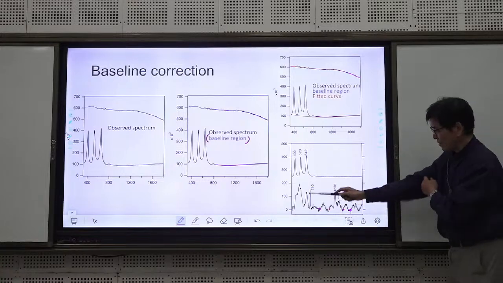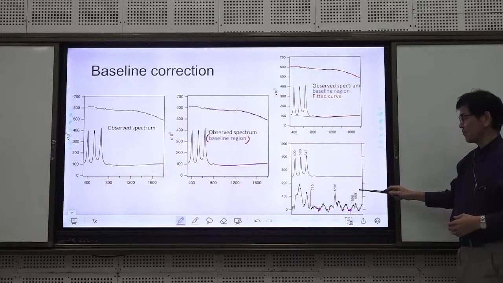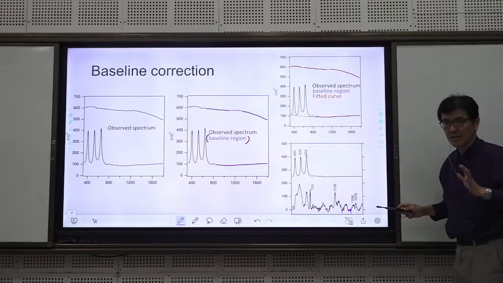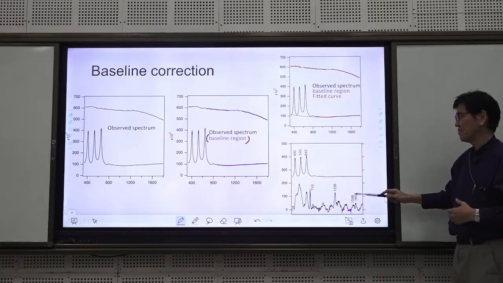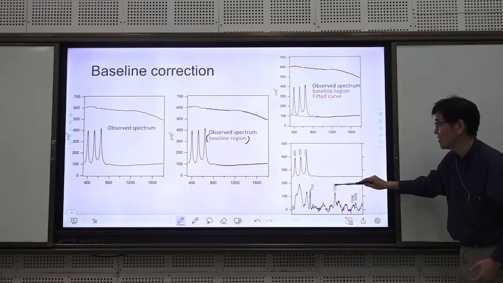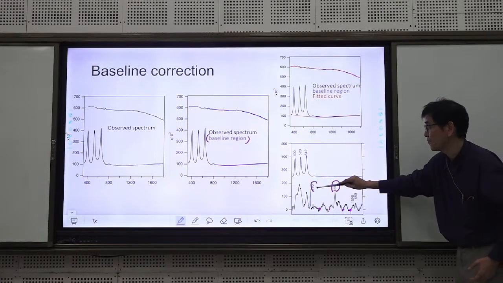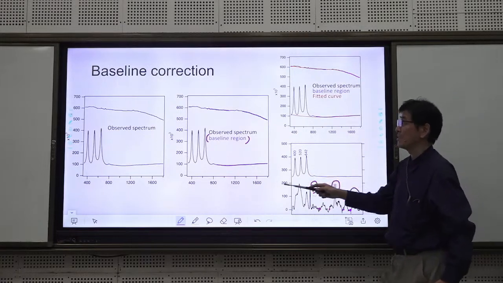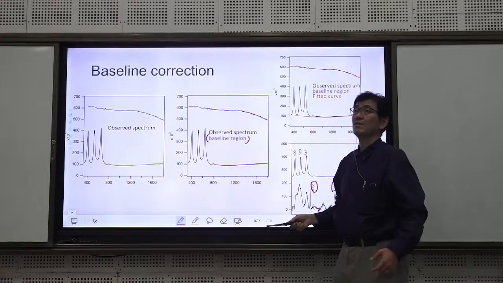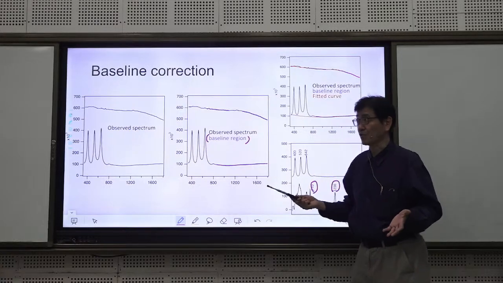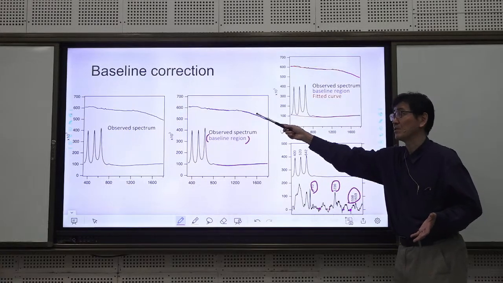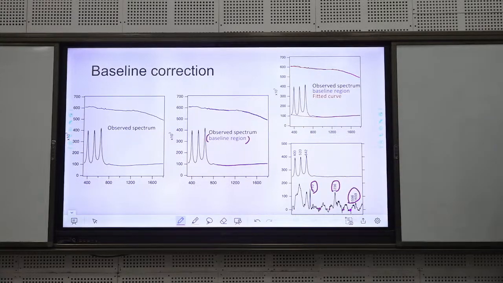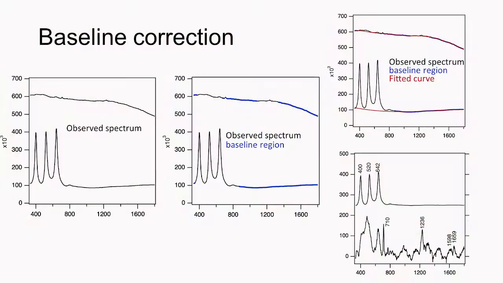And by getting this kind of spectrum, at least I can consider the reproducibility of each peak in multiple experiments. Without this operation, it's difficult to discuss whether this peak is reproducible or not, because it's apparently too small. Okay, so this operation is common for FT-IR and Raman, so please try.